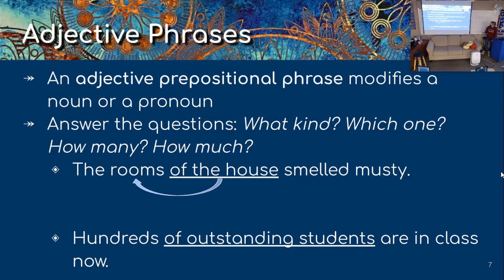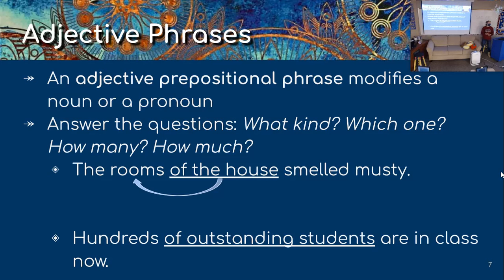Okay, here's our next example. Hundreds of outstanding students are in class now. Of outstanding students is our prep phrase. It starts with one of our common prepositions, of, and ends with the object of the preposition, students. Outstanding is an adjective modifying students, so the whole thing is the prepositional phrase. Now this one's a little tricky, but we have to figure out what word that prep phrase is modifying or adding more information about in the sentence.